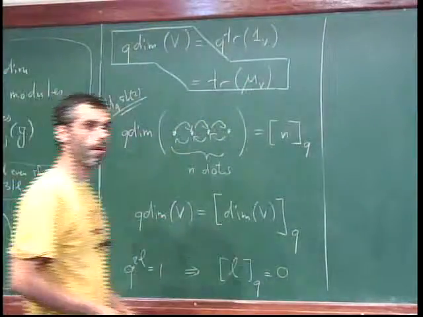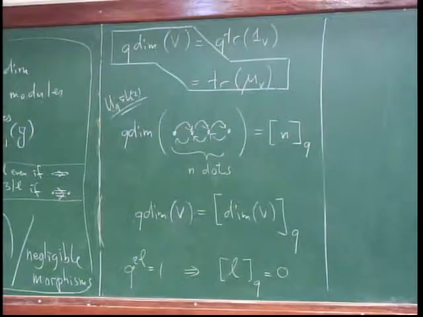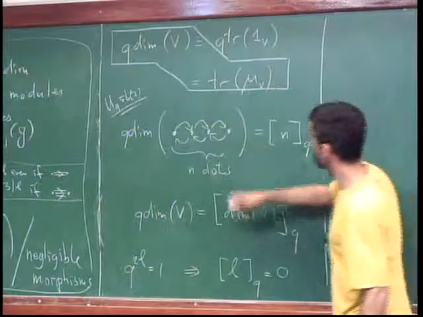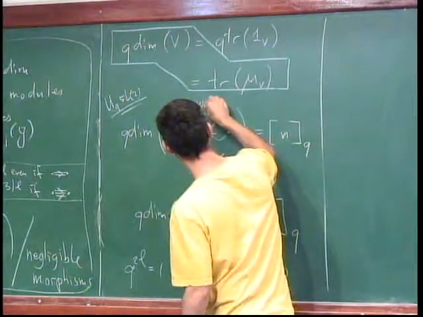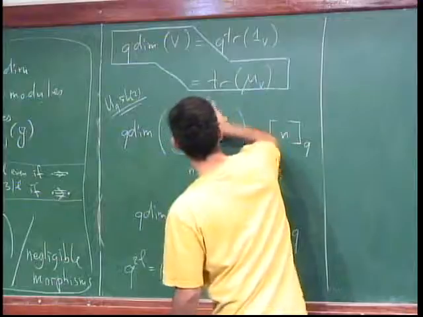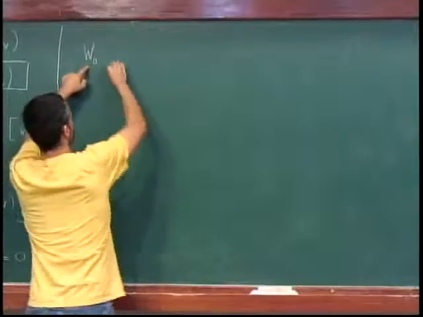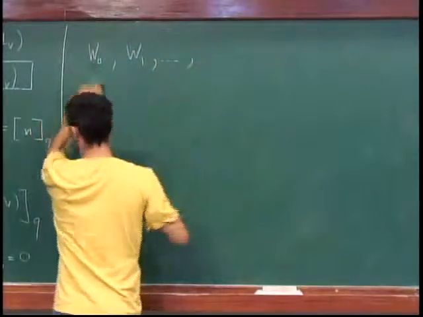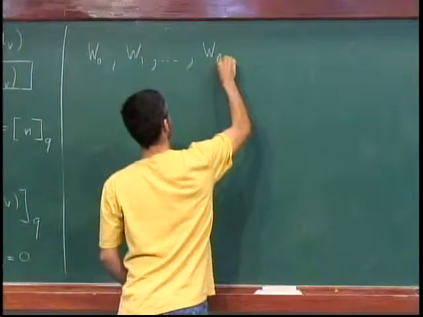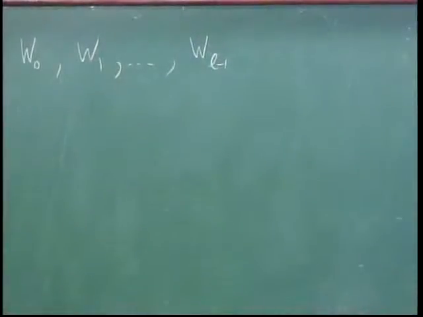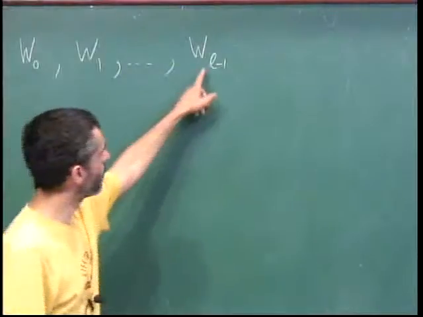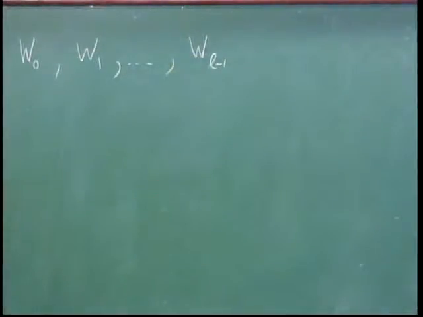So the modules that will survive in this quotient category are W0, the one-dimensional module, W1, all the way to, let's see, W sub L minus 1 is of dimension L, and therefore it dies.